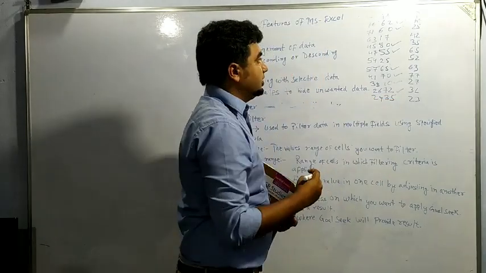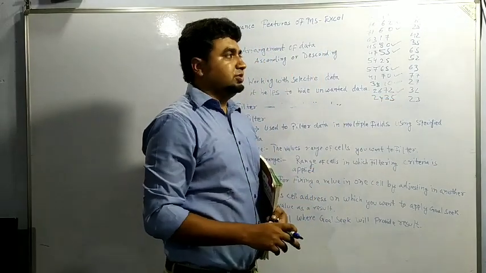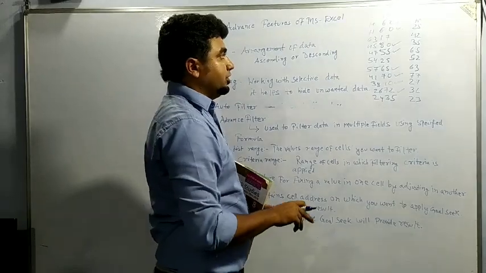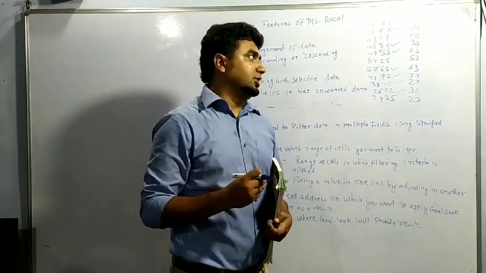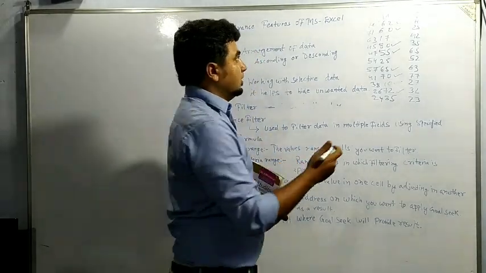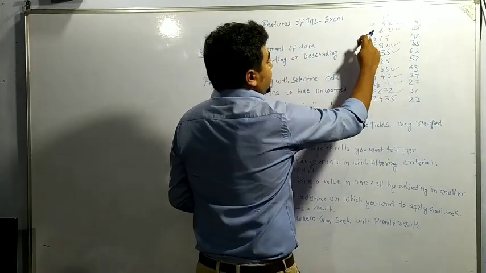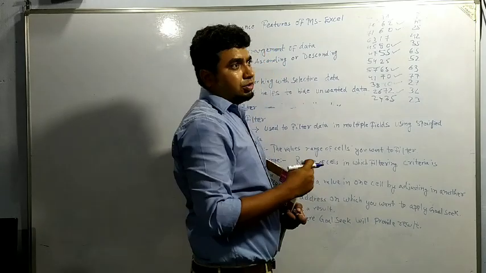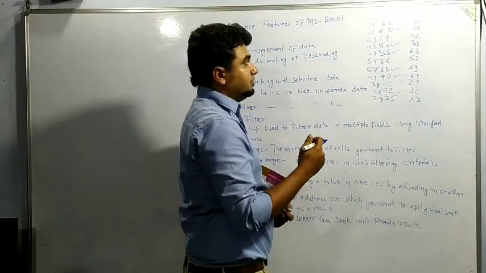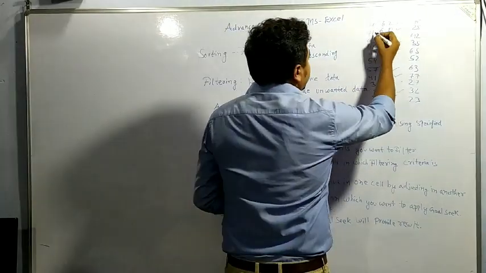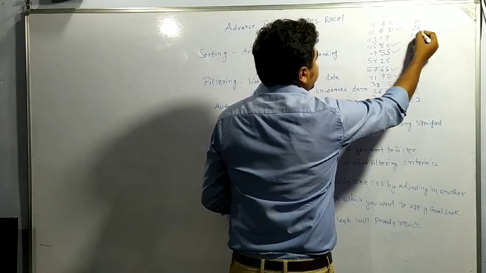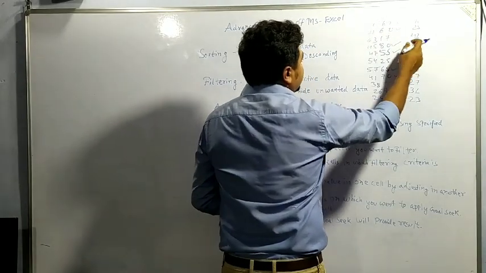So I will be selecting the data of those who have got above 50 in all the subjects. This is one of the selected ranges, so it will be displayed in all three subjects. Here, in two subjects he has got above 50, but in this subject not, so this cannot be selected.